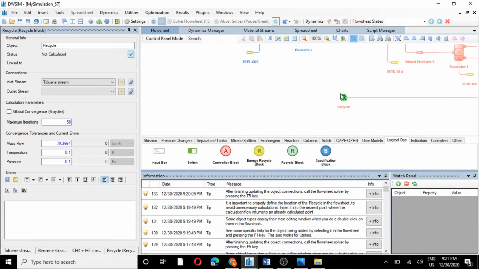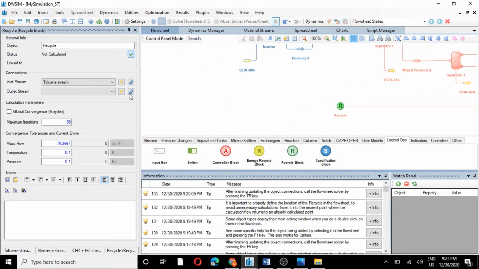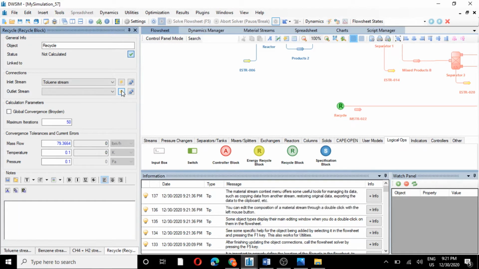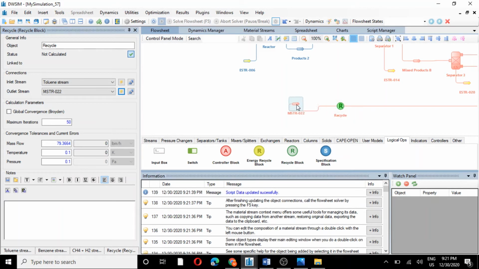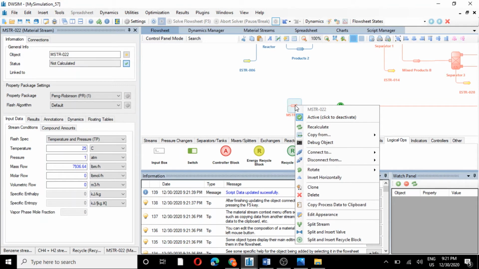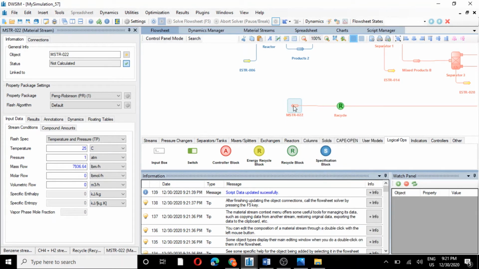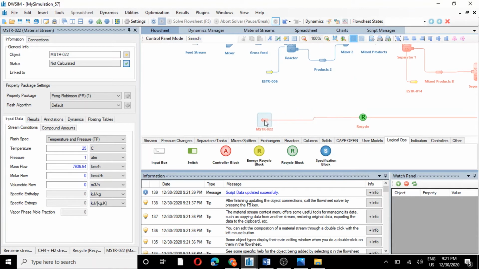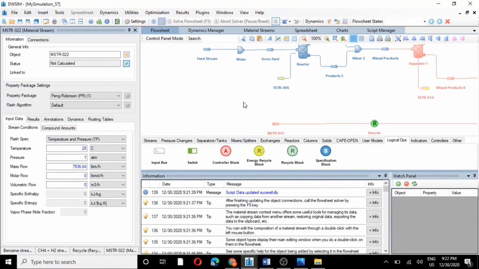Okay, next we have an outlet stream. Click this one, connect an outlet stream, and so that the stream will face the other side, you have to invert it horizontally. So this one goes into the mixer, in which the feed stream also goes.